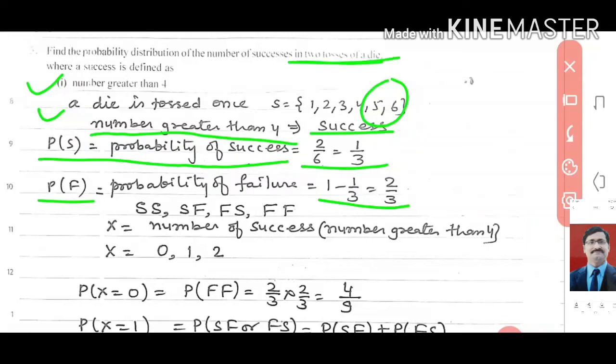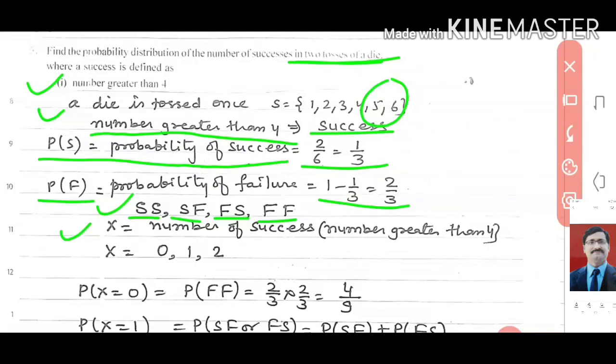Here we have 2 tosses of a die, and we have to check how many possible ways there are. We can get SS, success success, SF, success failure, FS, failure success, and FF, failure failure.